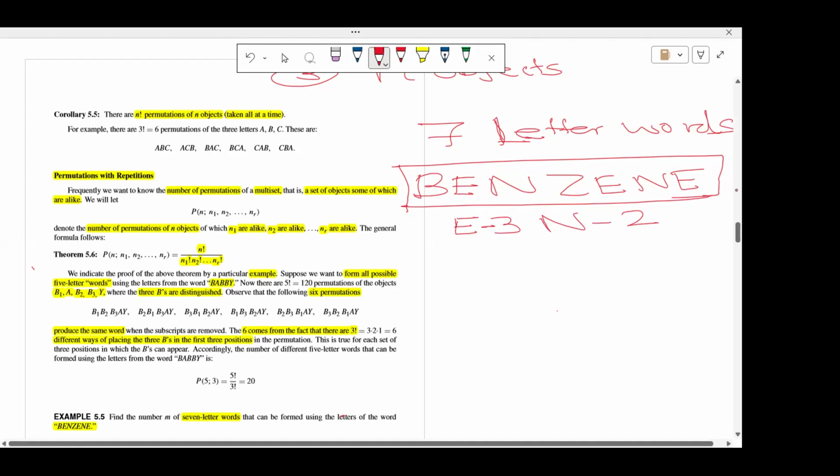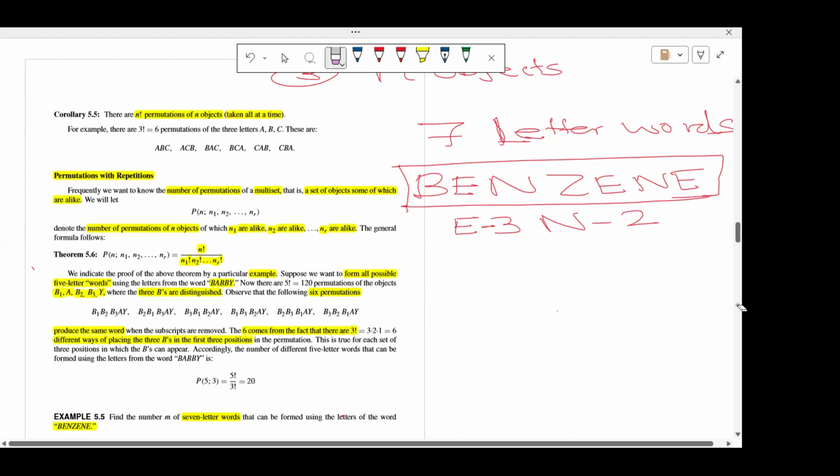The formula is N factorial over n1 factorial into n2 factorial into n3 factorial up to nr factorial, where n1, n2, n3 up to nr are the number of times the same letter occurs. This is the common equation.